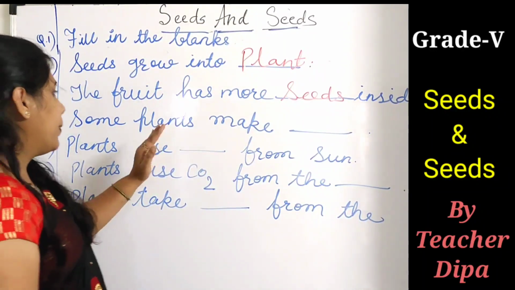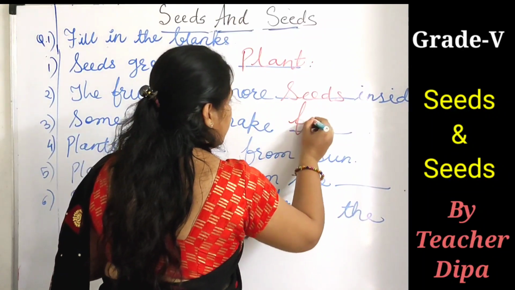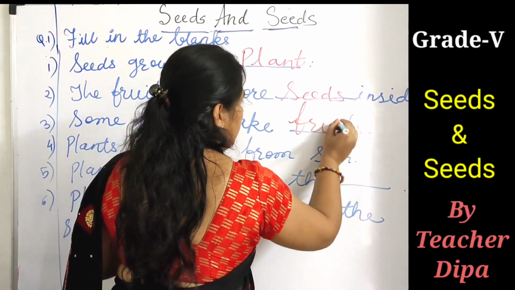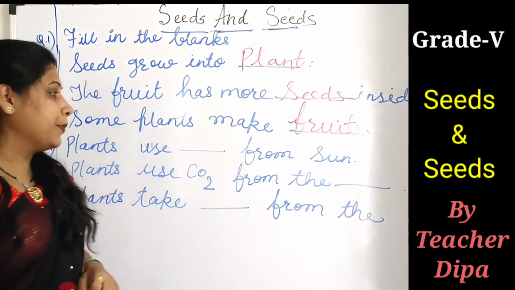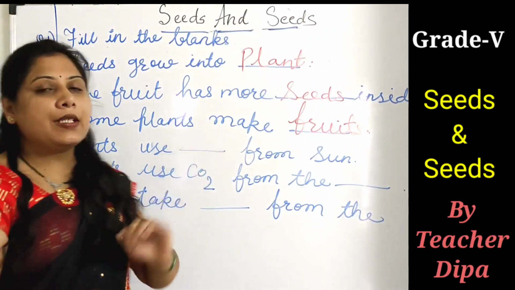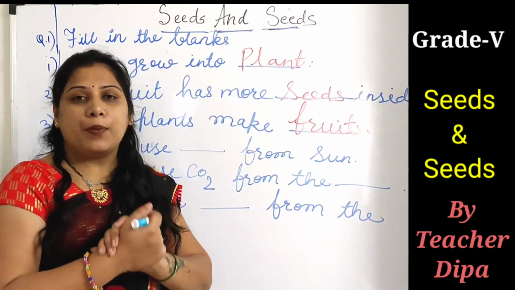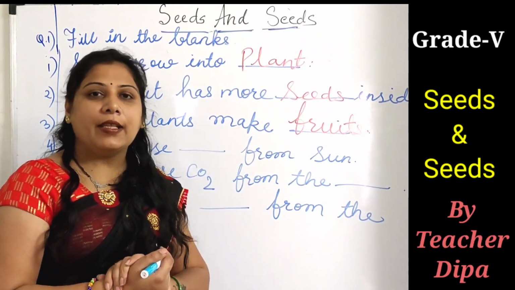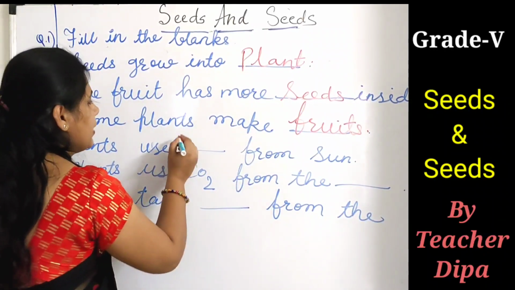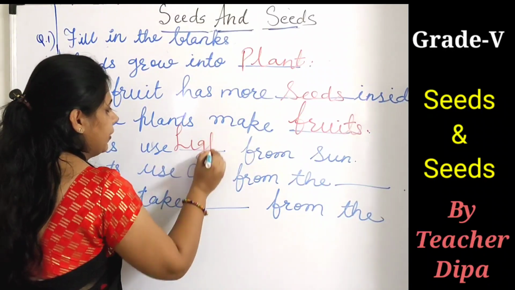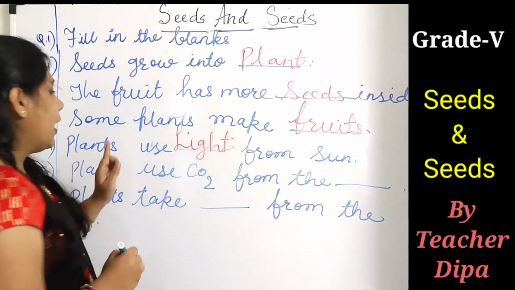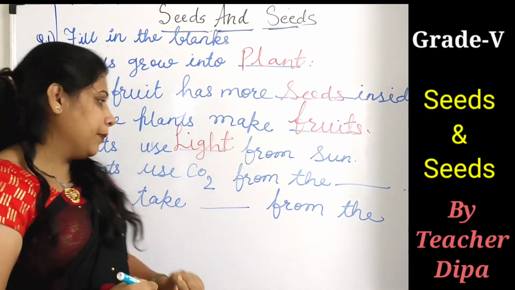So some plants make fruit, or they can grow fruit. Plants use dash from sun. Now, in the process of photosynthesis, plants need light and the light they get from the sun. So the answer is light. Plants use light from sun.